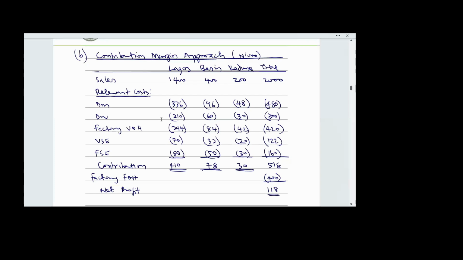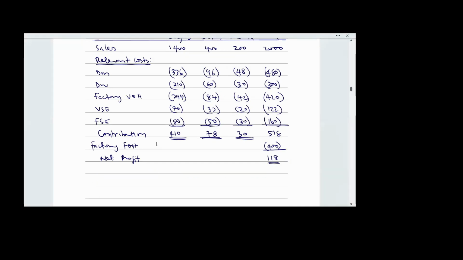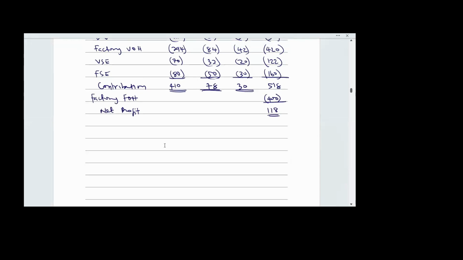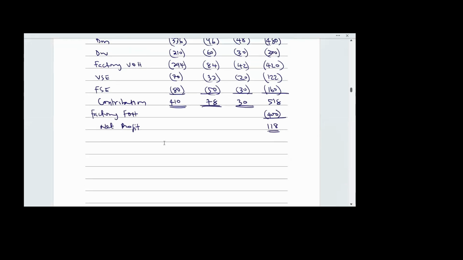So that's that. Then number C, you have to prepare a statement using historical approach to show the net profit of the organization after closing down the two depots. Now, the examiner is saying that because Benin and Kaduna depots are operating at a loss, we should close them down. So if the company closes down Benin and Kaduna depots, only Lagos will continue.